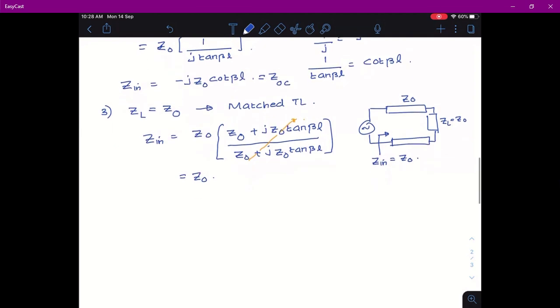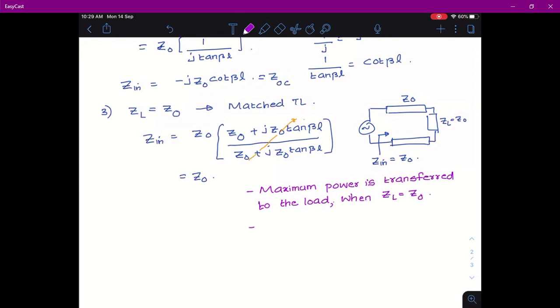First thing, this is called matched because it will deliver maximum power to the load. So, the maximum power is transferred to the load when the load impedance is equal to the characteristic impedance of the transmission line.